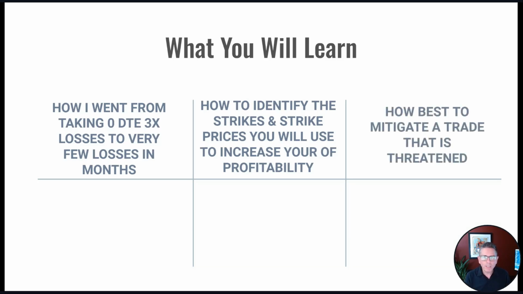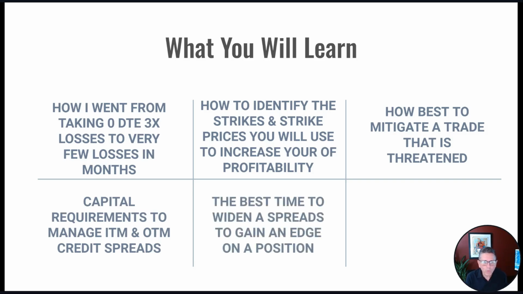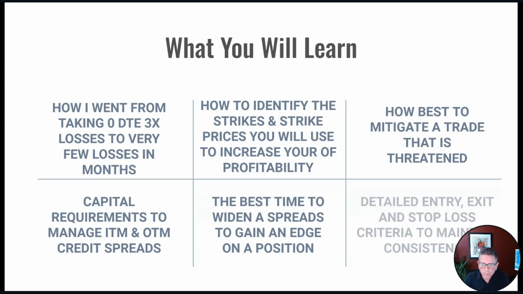Number 3, how best to mitigate a trade that is threatened, and I have a pretty long section in here to talk about that, because it's really, really important to understand how to manage credit spreads. Number 4, capital requirements to manage in the money and out of the money credit spreads. Number 5, the best time to widen spreads to gain an edge on the position.